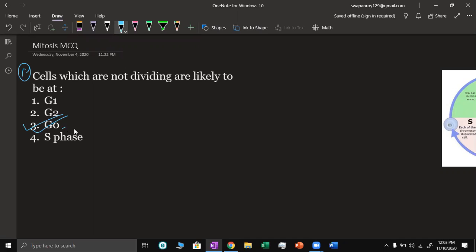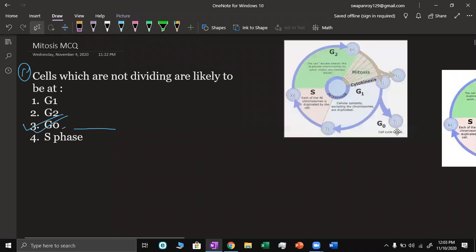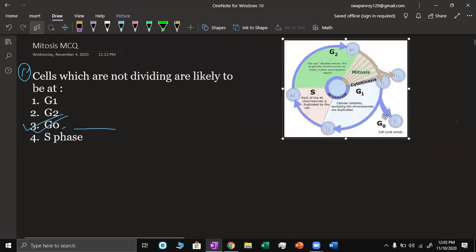Those cells which are not dividing undergo the process of maturation, and they come out of the cell cycle. Here you can see the cell cycle. After the completion of mitosis, two daughter cells are formed.